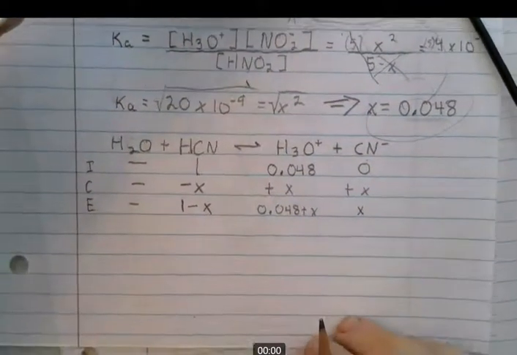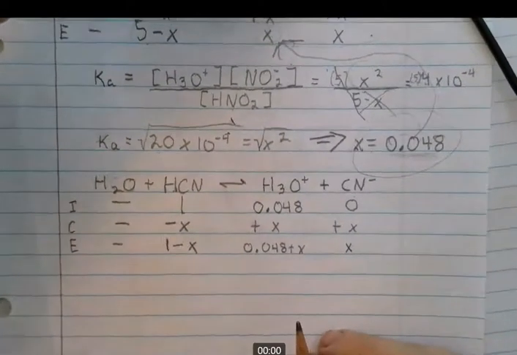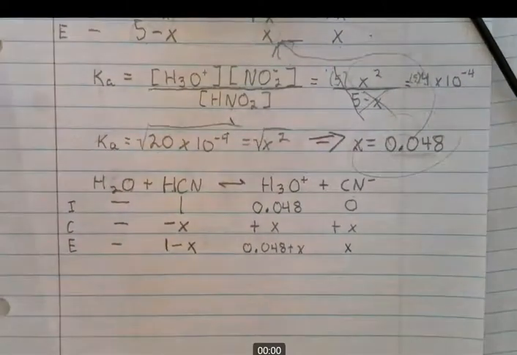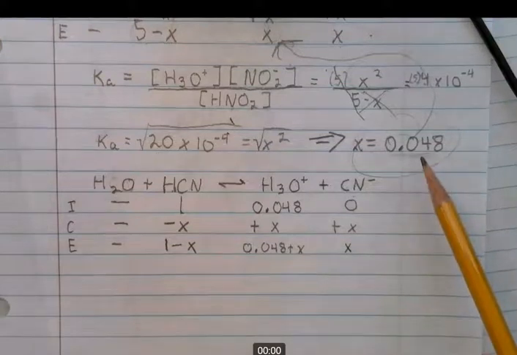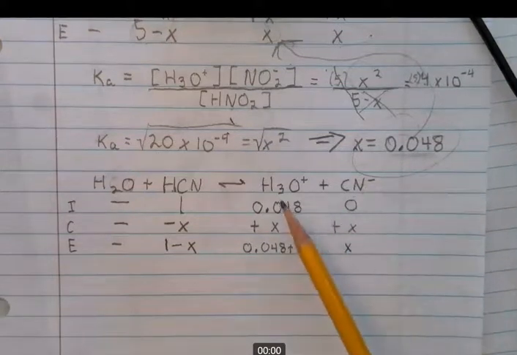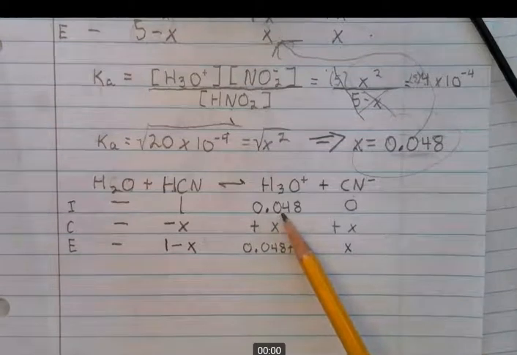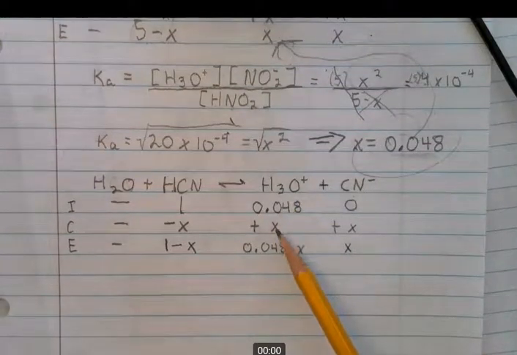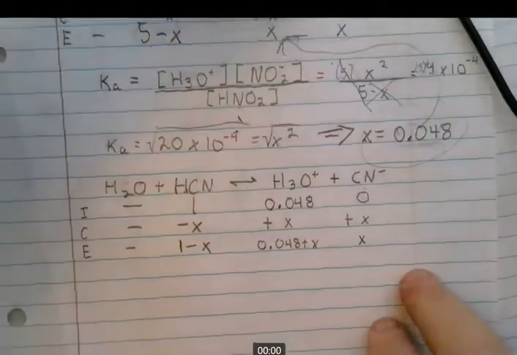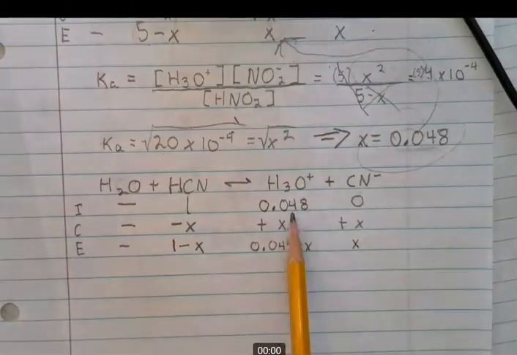All right, so that's, if you want to call it, the trick or the point of doing this a second time. We figured out the strong acid first, then we used whatever concentration of hydronium it produced, this number, and we put that as our initial hydronium concentration as a product for the second reaction. Why is that significant? Because remember Le Chatelier's principle.